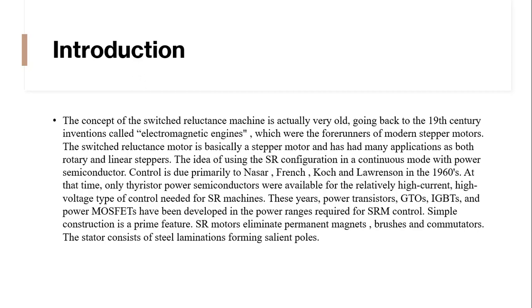So the application of electromagnetic engines declined, but in 1964 we also invented power semiconductor devices like high current and high voltage type semiconductor devices, IGBTs, MOSFETs, as well as GTOs and thyristors. So we reapplied these models from the previous electromagnetic engine, and we name them switch reluctance motors.